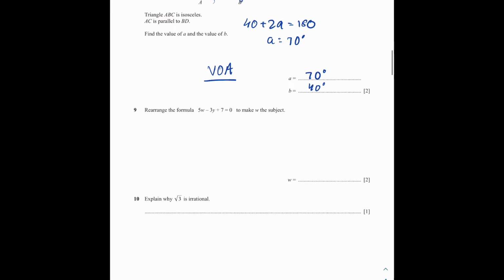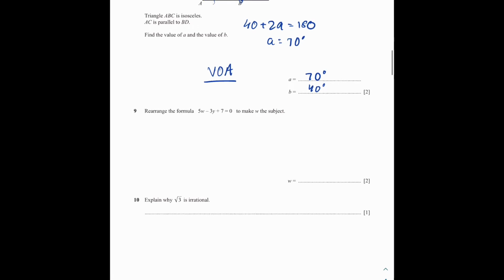Rearrange the formula 5W minus 3Y plus 7 equals 0. Make W the subject. 5W minus 3Y equals negative 7. Bring over y this side and divide the whole thing by 5. So W is minus 7 plus 3y.